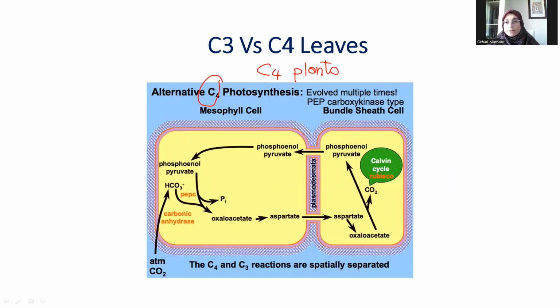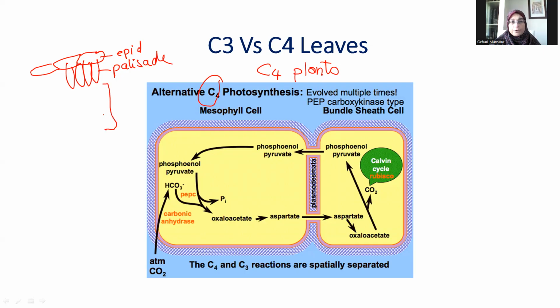Why? These are the deep cells. So here we have two types of cells. For example, if we look at the epidermal cells, and then here this is the epidermis, and then we have the perpendicular palisade cells, and then we have the mesophyll cells, which are large and irregular, and then we have the bundle sheath cells.